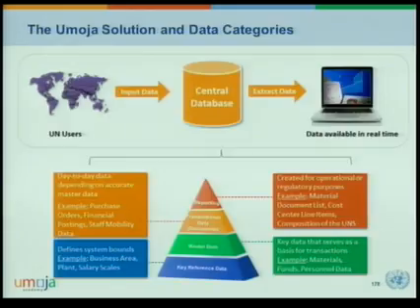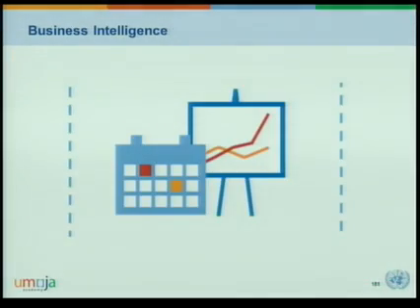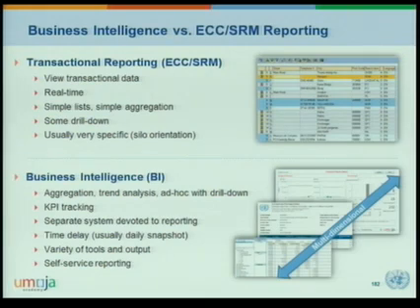Okay, so we will now go to business intelligence. The first thing to know is that when we talk about the Umoja system, we need to differentiate between the Umoja system and the business intelligence system.